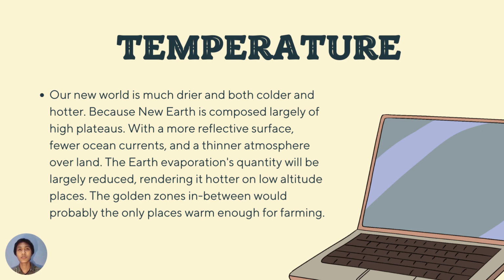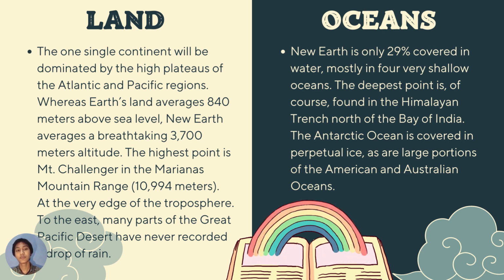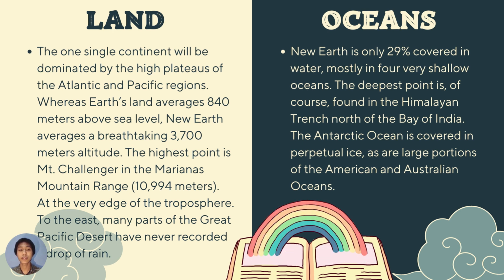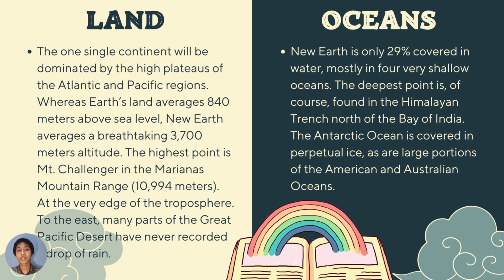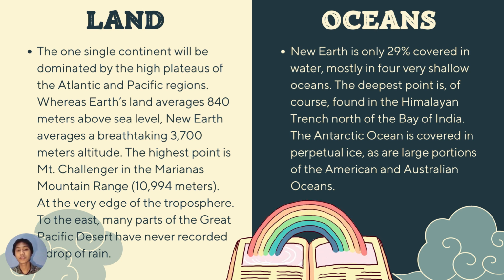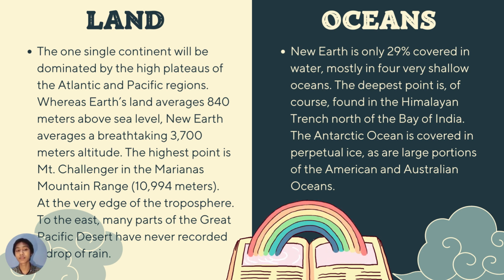On the next slide, the one single continent will be dominated by the high plateaus of the Atlantic and Pacific regions, whereas Earth's land averages 840 meters above sea level, New Earth averages a breathtaking 3,700 meters altitude.